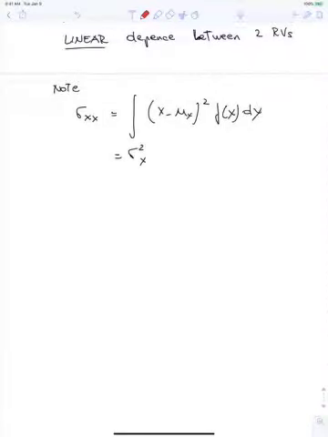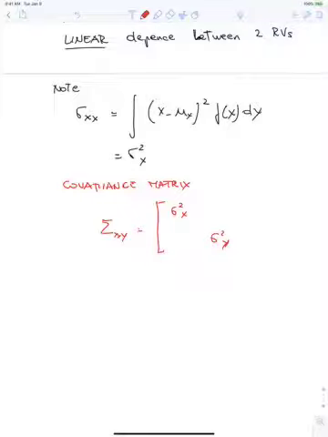Now, if we have two random variables, we often represent covariance and variances in one unique object, which is the covariance matrix. So we generally use sigma of x, y, and this is the variance of x, the variance of y in the diagonal, and the covariance of x and y off the diagonal.